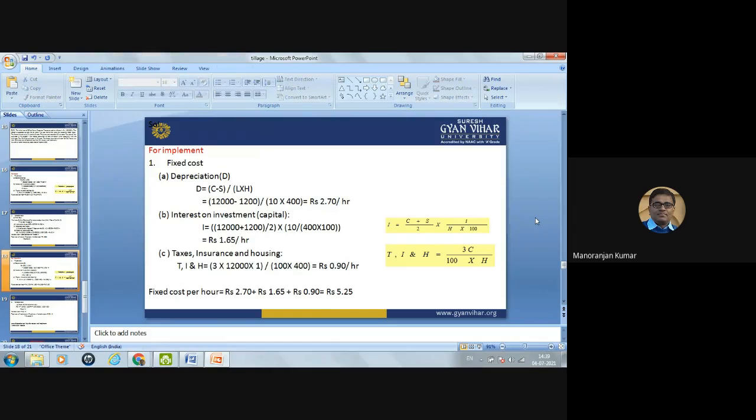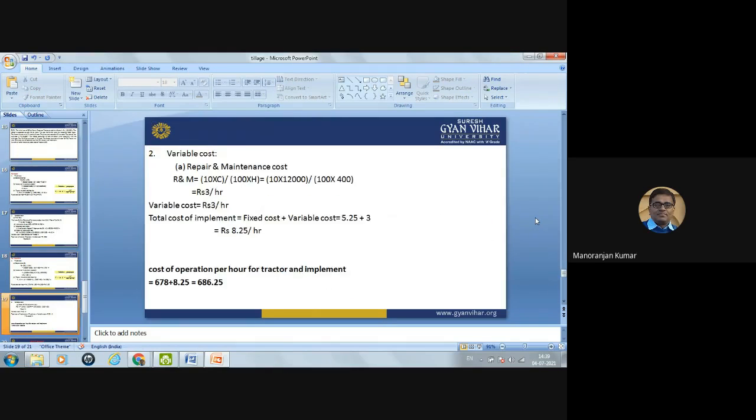Now similarly, you have to calculate the variable cost also. Under the variable cost, the first parameter is the fuel, but the implement doesn't require any fuel. Also, lubrication cost is not required because lubrication is needed in the engine. So the fuel cost and lubrication cost you do not have to calculate.